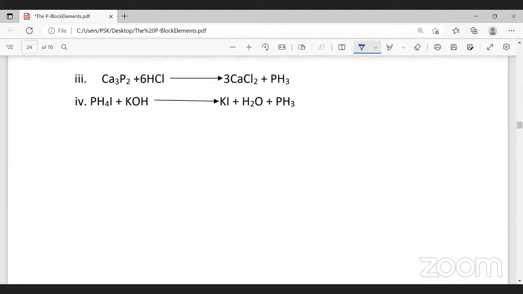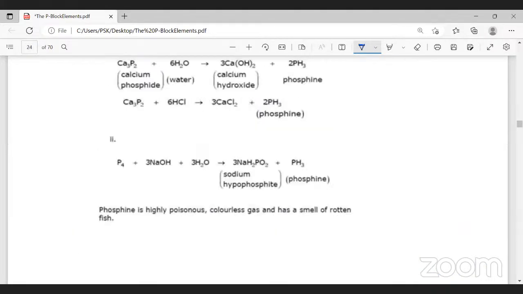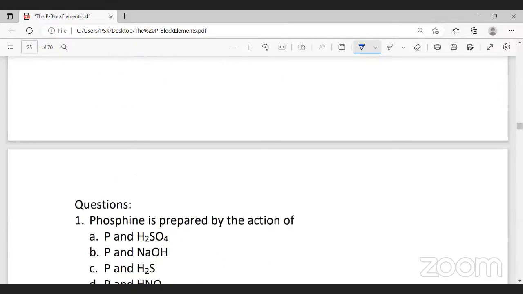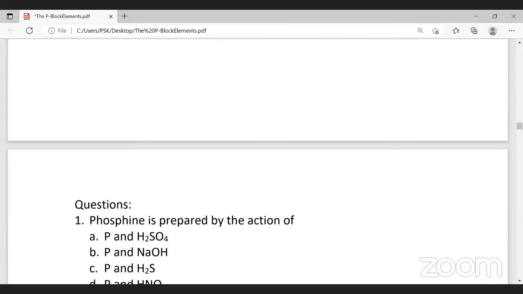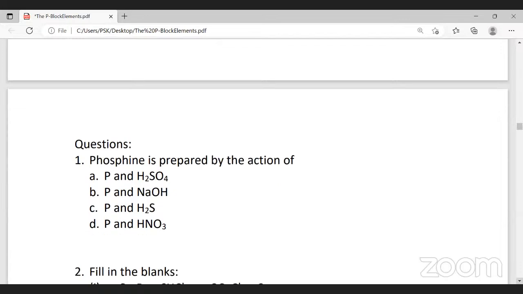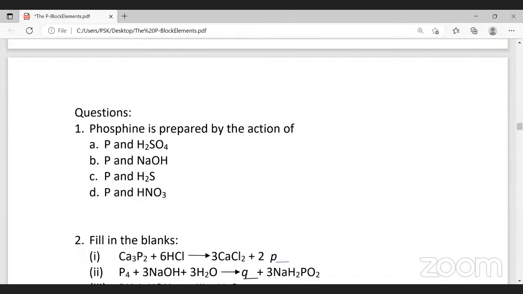Next is phosphine. The next compound is phosphine. Phosphine is prepared by the action of... it is a POC question, a regular 2-mark question.